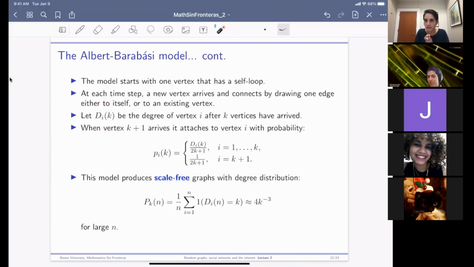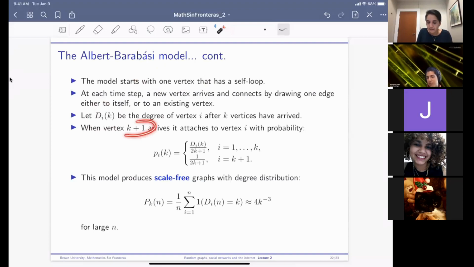At each time step, one vertex comes in. When that vertex comes in, everybody who's already there has a certain degree. So this is the degree of vertex i at the time that the kth vertex comes in. At the beginning, you can start with one vertex with only one edge, so with one self loop.